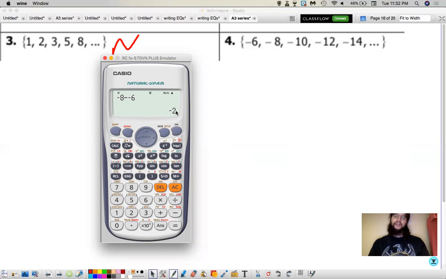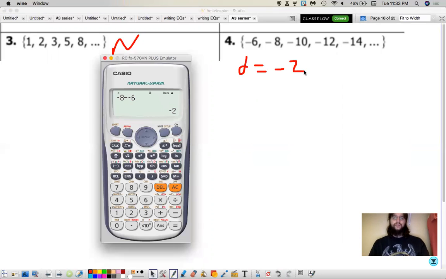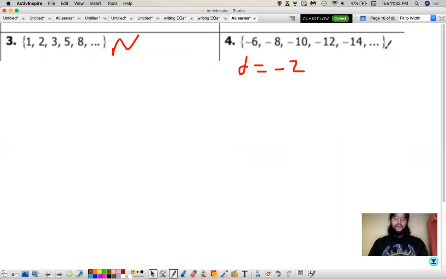Okay, it is negative 2. And you can see we're going down by 2 because the negatives are getting more negative. So D is negative 2, and that's going to be a yes. So negative 16 would be next, followed by negative 18 and negative 20.